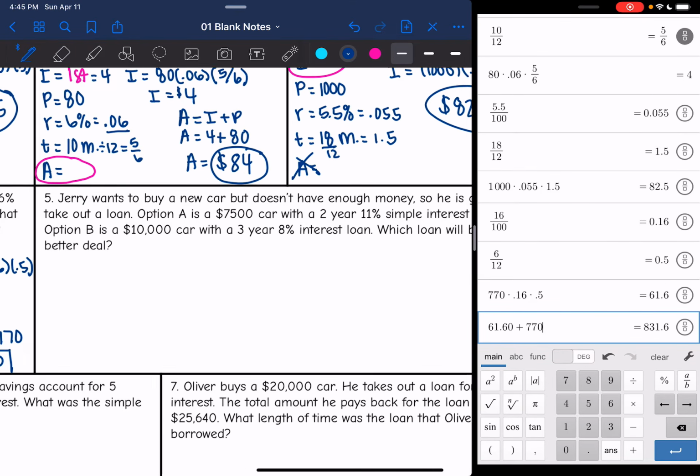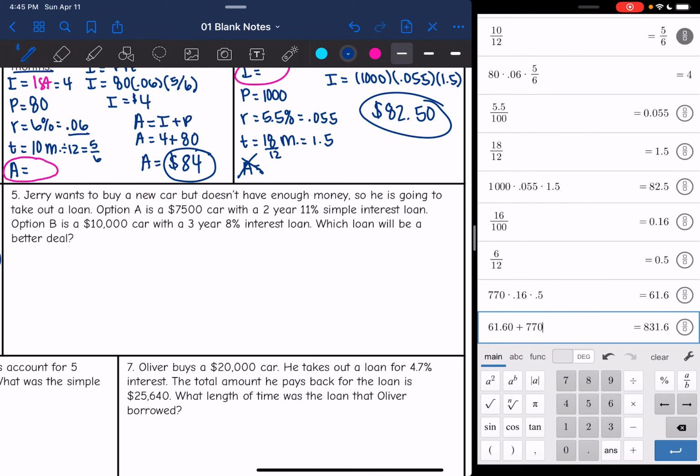All right, let's look at number 5. Jerry wants to buy a new car but doesn't have enough money, so he's going to take out a loan. Option A is a $7,500 car with a 2-year 11% simple interest loan. Option B is a $10,000 car with a 3-year 8% interest loan. Which loan will be a better deal?